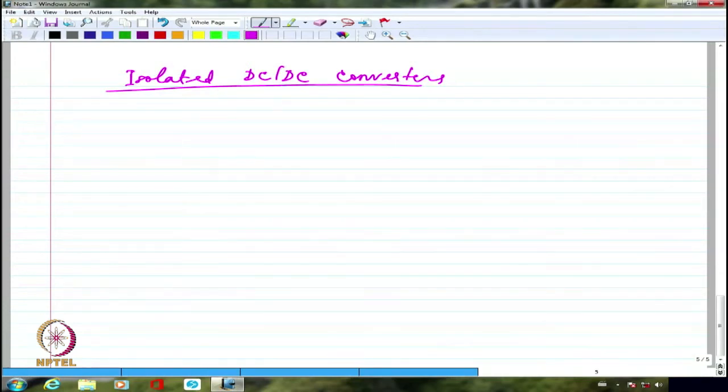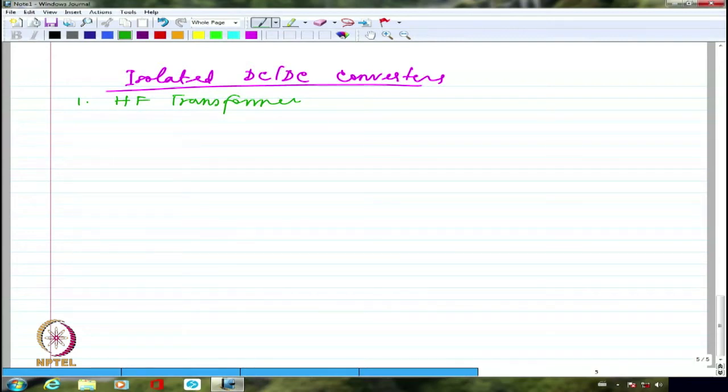Invariably, I will have a high frequency transformer, which will be isolating the input side from the output side, which is needed in many of the cases.